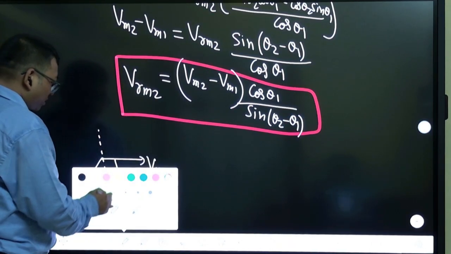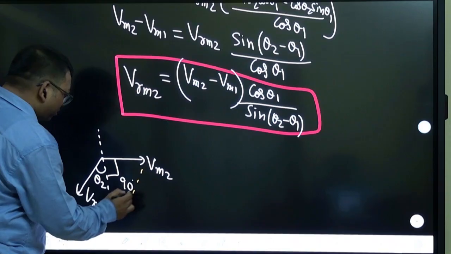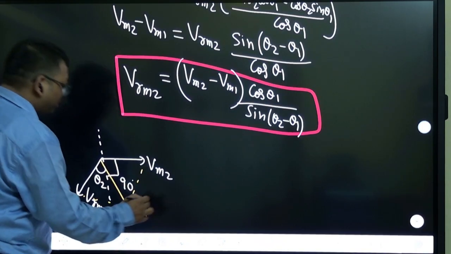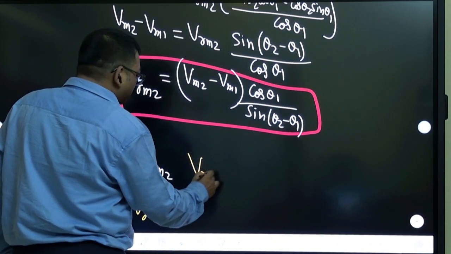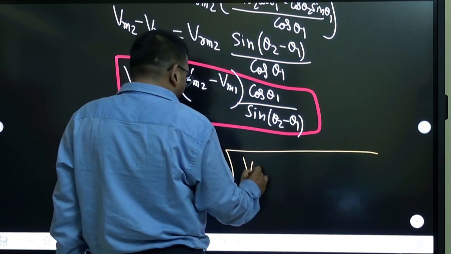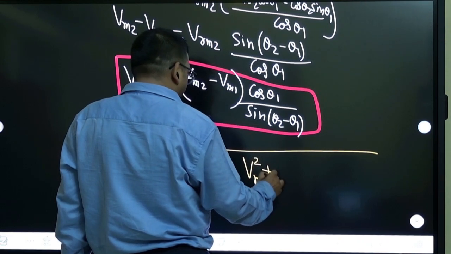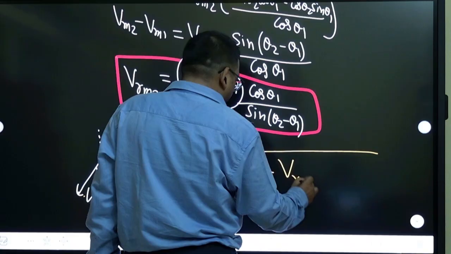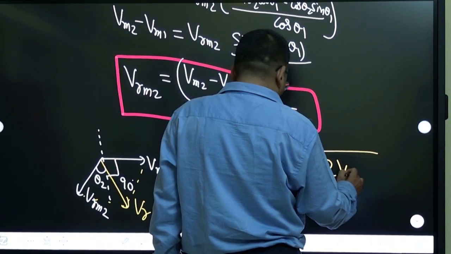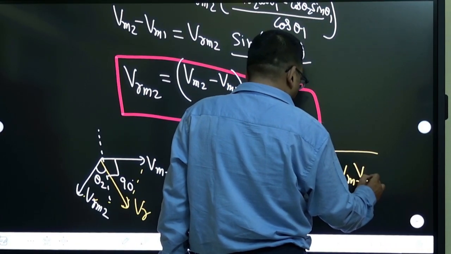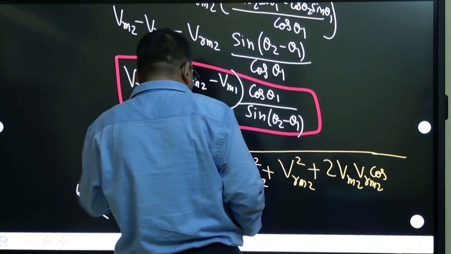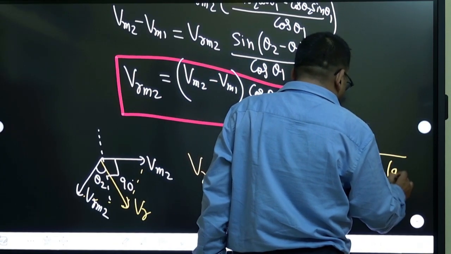Yes. And the resultant of these two is the velocity of rain. So you will calculate the velocity of rain as root under Vm2 square plus Vrm2 square, a square plus b square, plus 2ab, that is 2 Vm2 into Vrm2 into cos of the total angle, cos of 90 plus theta 2.